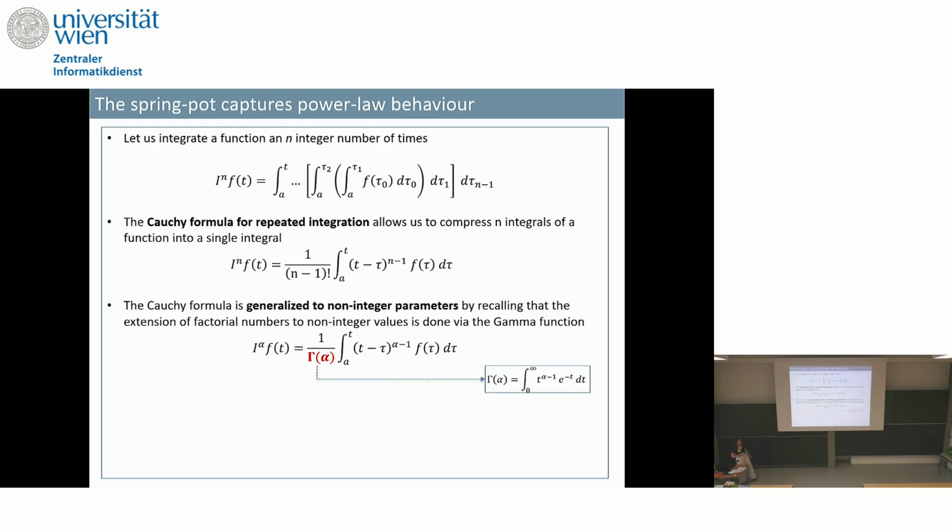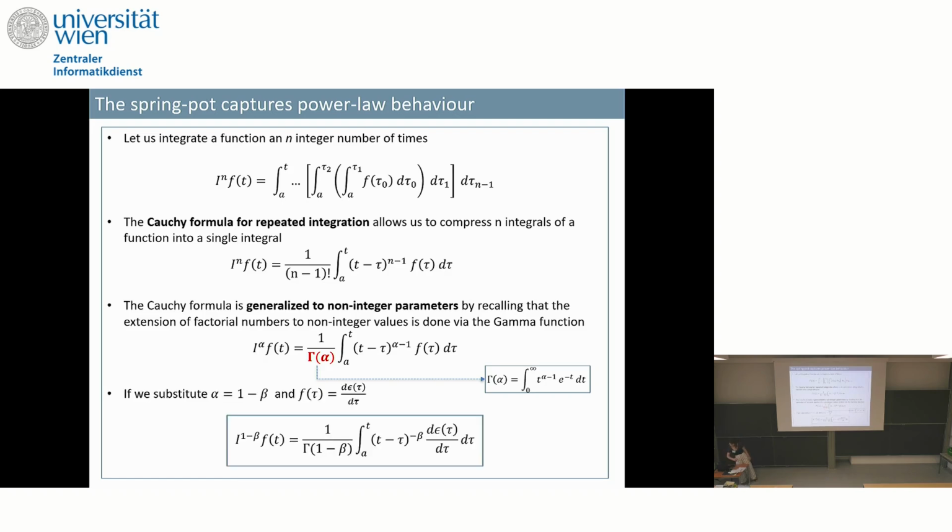I've just put here as a reminder how it's computed. Now we just do a substitution of variable. We call alpha as 1 minus beta, and we call our f of tau the derivative of the strain. We haven't done anything, just started from integrating a function n times.